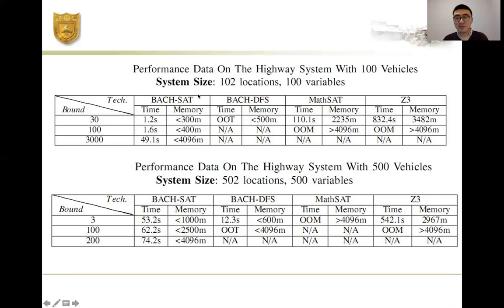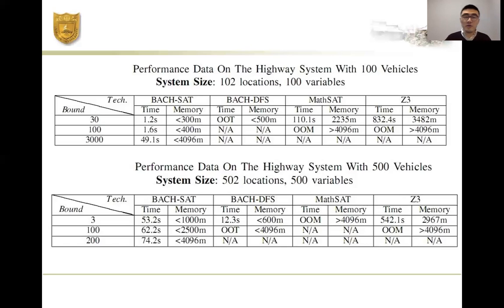For such systems, even with bound 30, DFS is out of time because the system is too large. 100 locations, 100 variables, then there will be too many paths to enumerate. That's a problem.